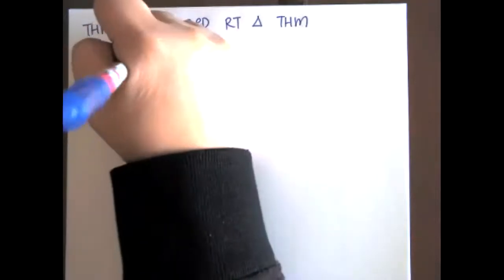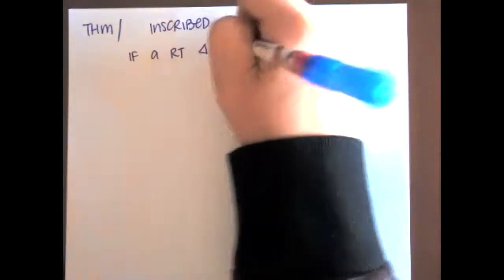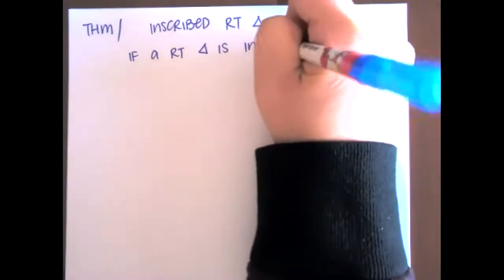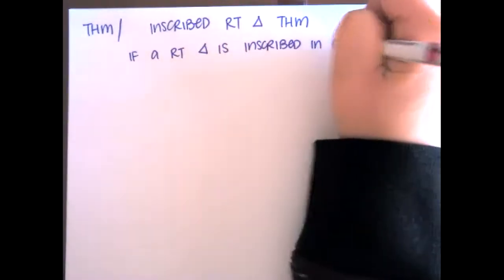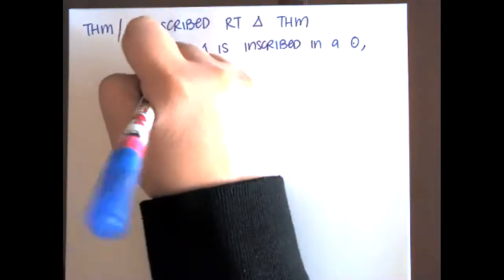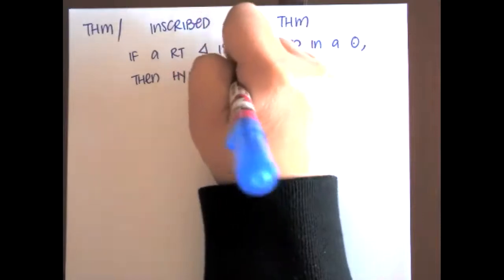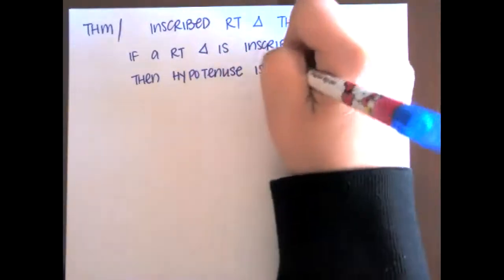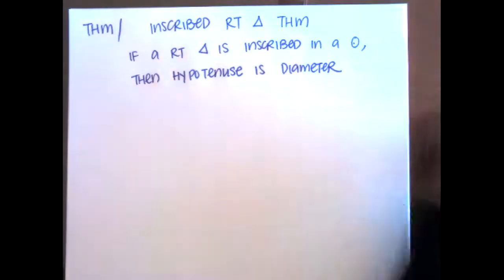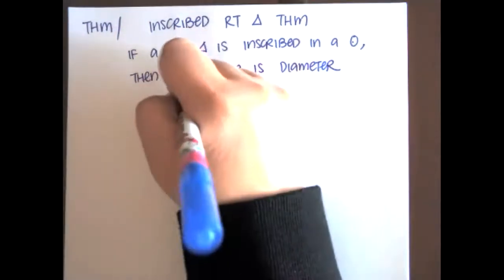So this theorem says if a right triangle is inscribed in a circle, then the hypotenuse is the diameter. Converse is true.